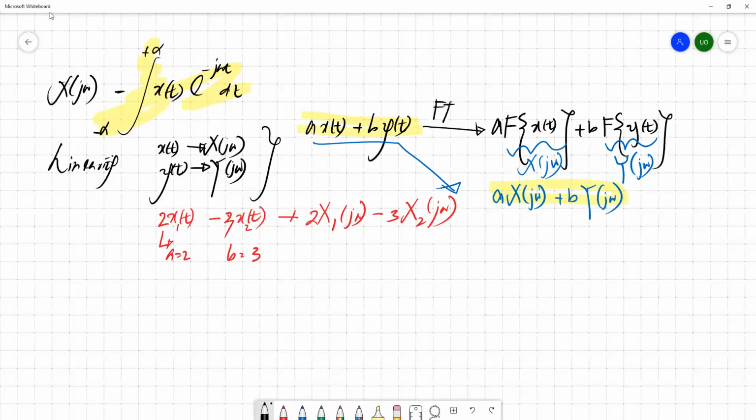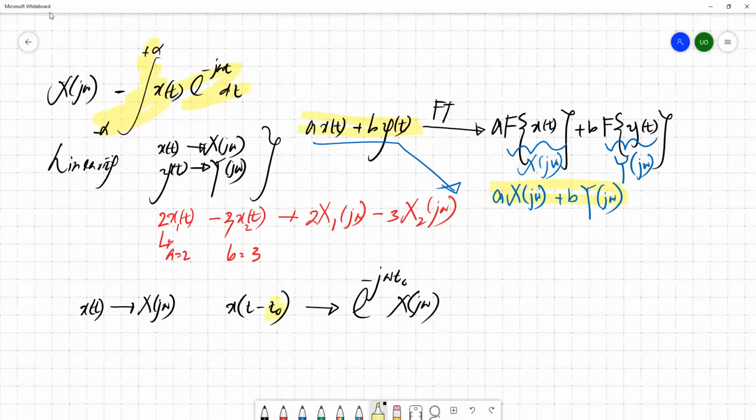Then the second is time shifting. So if you have the function x(t) and its Fourier transform, and I ask you to evaluate x(t - t0), you can easily get it like this: e to the power minus jωt0, times the Fourier transform of x(t).